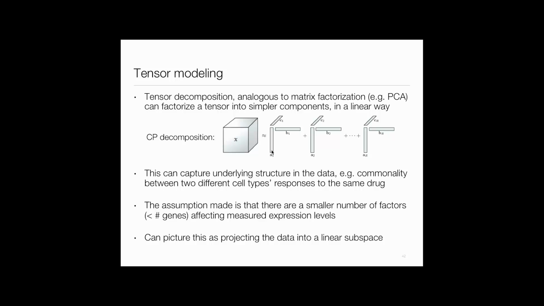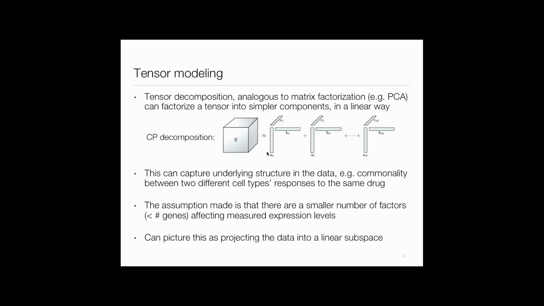So in other words, if I just considered one of these rank 1 tensors and I looked at the ijk element, it would simply be a product of the ith element of vector A times the jth element of vector B times the kth element of vector C. So it's a very simple relationship between the A, B, and C vectors.